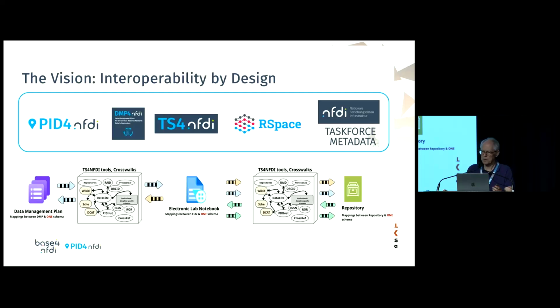So instead of mapping every system to every other schema, the project is to map everything to one canonical schema. We call this approach map once, reuse everywhere. So everything is normalized to a canonical schema, in our case, the DataCite metadata model.